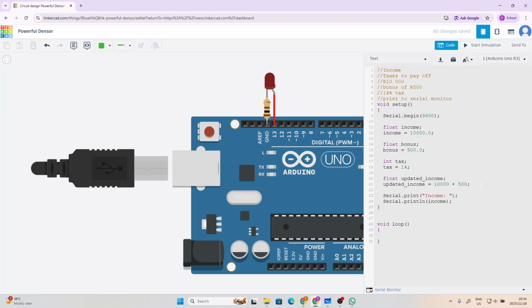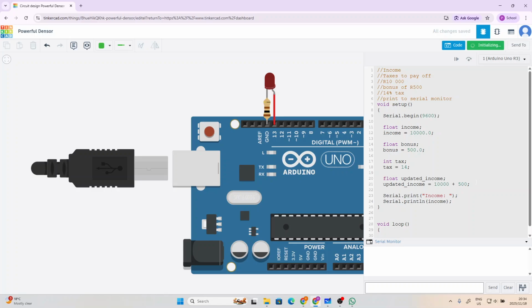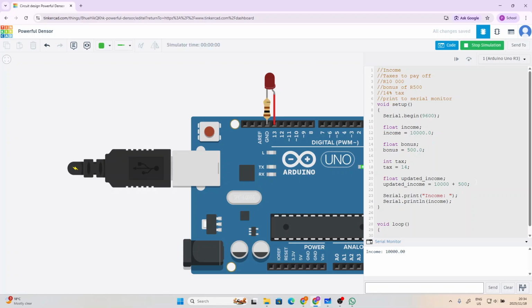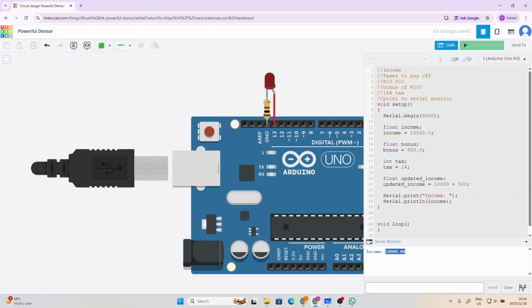Serial.print prints it to the console and does nothing else. Serial.println prints it to the console and then goes to the next line. Simple stuff. It's a good thing to always go back to your code and make sure it works. We're going to get this value, which is correct.